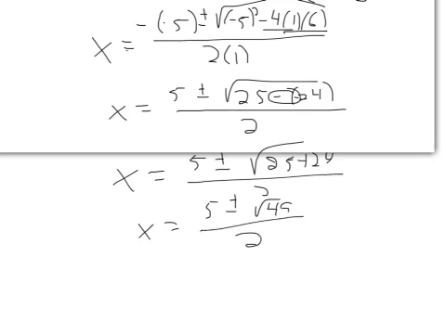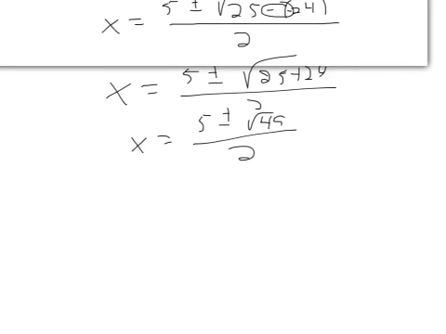So when we get to this point, we need to separate it into two problems. We need to take this plus or minus sign and separate it. So what we're going to have is 5 plus the square root of 49 divided by 2.